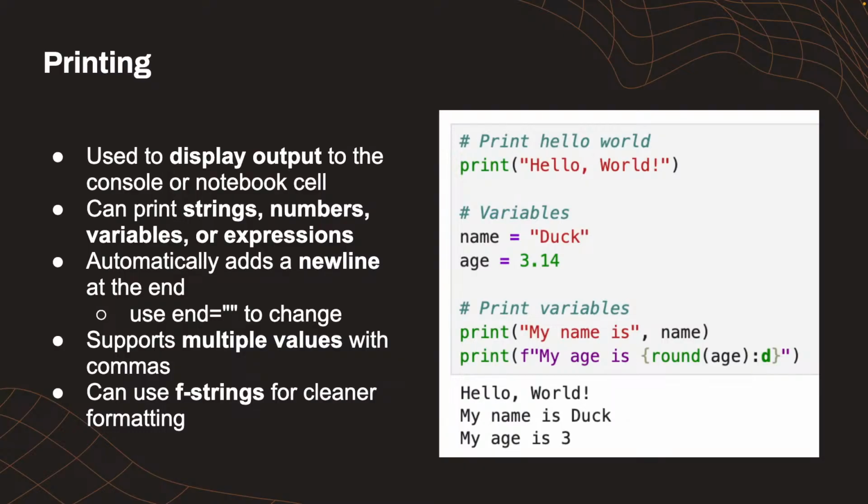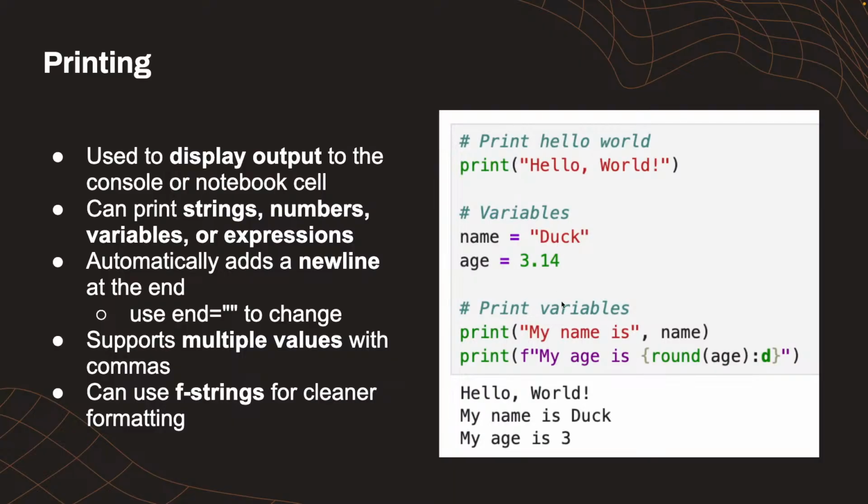It also supports multiple values with commas. So for example, you can see here in the third section of the code, there's a bit with "my name is" and the name. So "my name is" is basically a string, and then the name is the variable, which is Doug. So you can do that with Python.